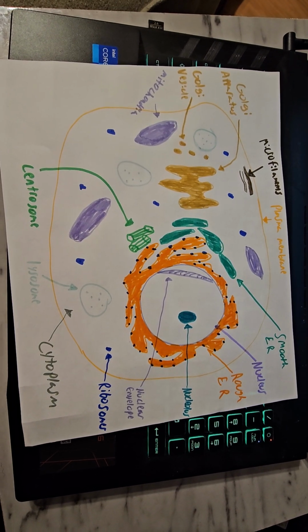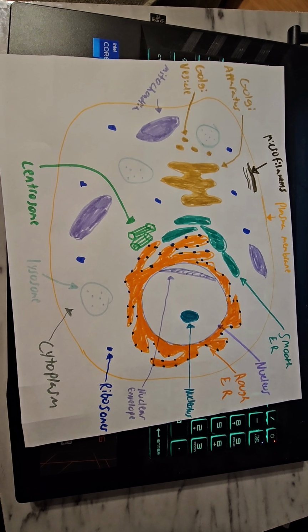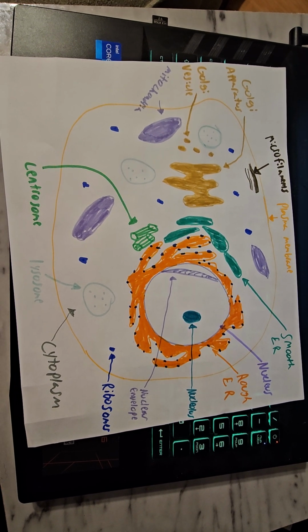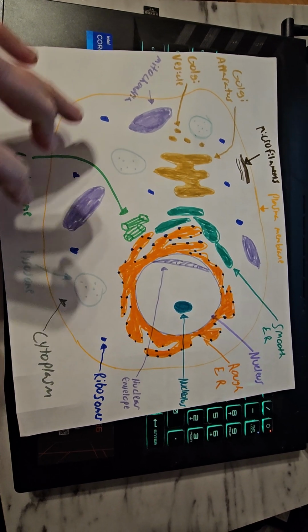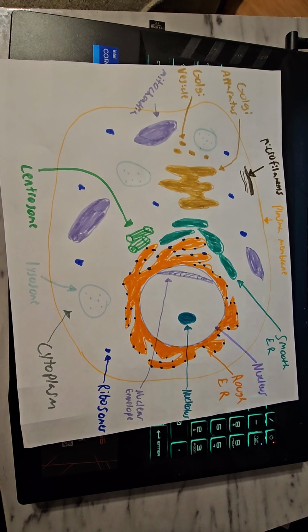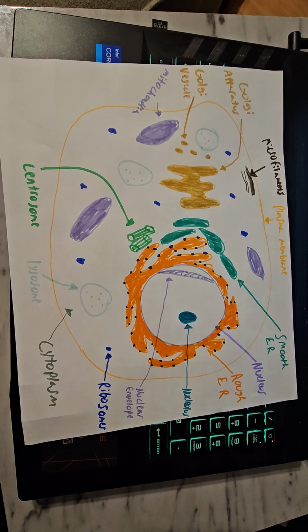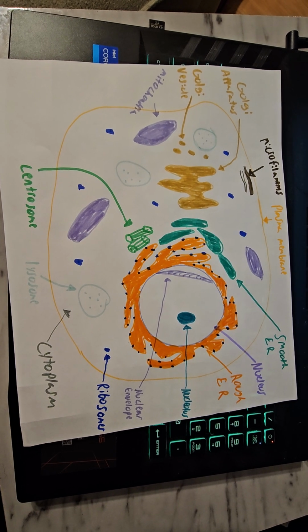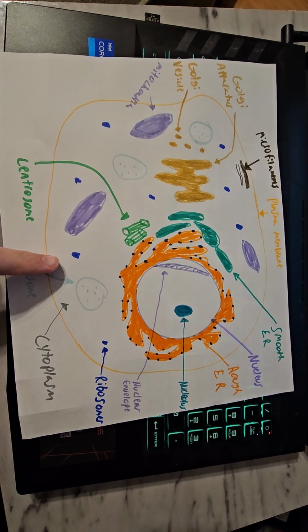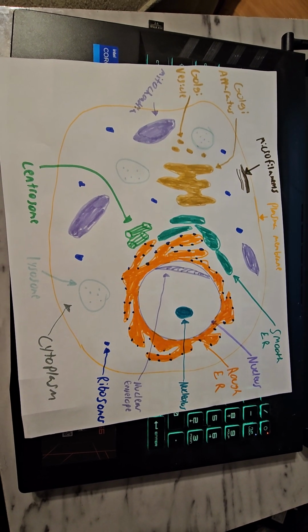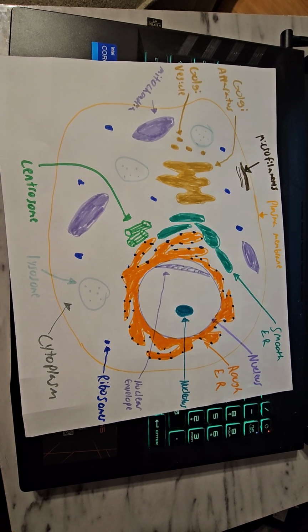The function of the smooth ER is to synthesize substances like lipids and steroids. Next, I have this rough ER, covered by the ribosomes that are also floating throughout the cell. The main function is protein synthesis. And then the next thing I have here is the ribosomes, the sites at which genetic code is converted into protein molecules.